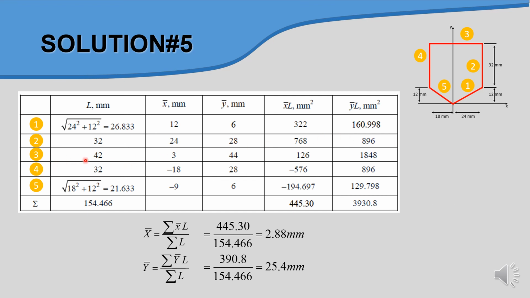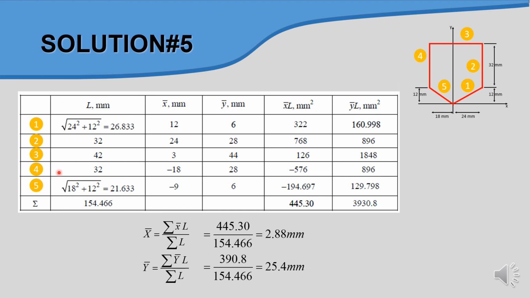It's also the same for wire number 3, which is 42. You divide by 2, basically somewhere in the middle, and you get the value of x, which is 3, and for the value of y, you add together 32 and 12, we have 44.